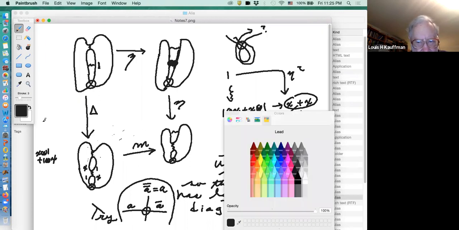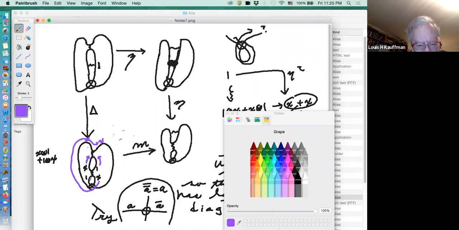So now I'm going to use a little color. I'm going to transport this x up to here. And I'm going to transport the 1 up to here as well. And neither of those transports goes through a virtual crossing. I'm going to transport this x, however, through the virtual crossing, and it ends up here, or over here, really, because it should be paired with that one.